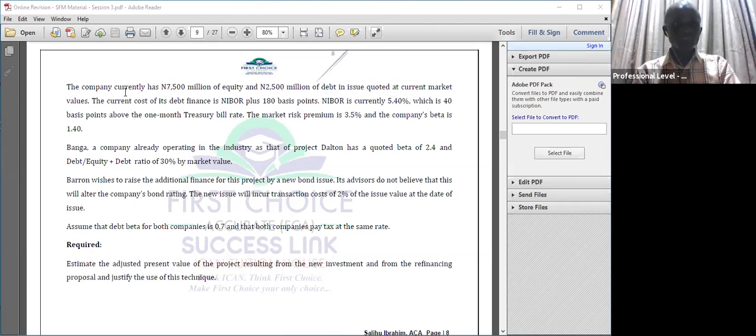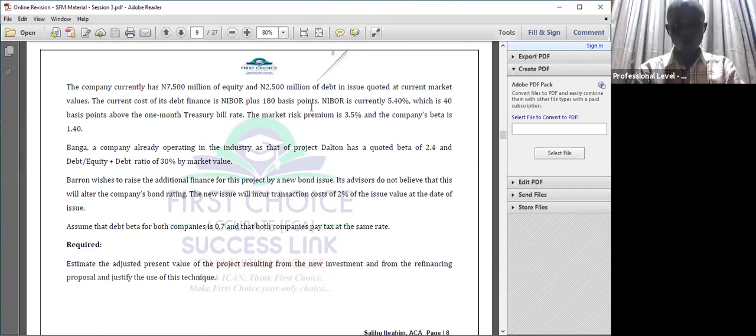So the current cost of its debt finance is NIBOR plus 180 basis points. NIBOR means Nigeria Interbank Offer Rate, which is the rate of borrowing among banks. Now, for a corporate organization to borrow from the bank, you cannot borrow at NIBOR. NIBOR is like the risk-free rate. Your corporate bond is risky, so you cannot borrow at the risk-free rate.